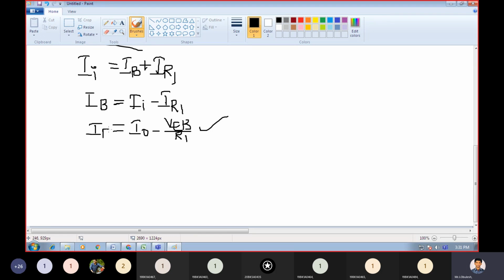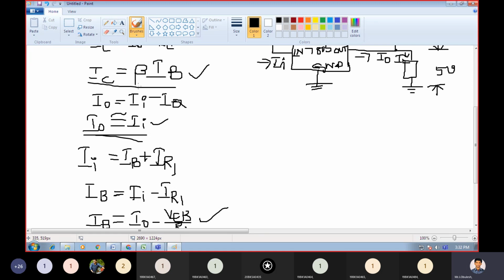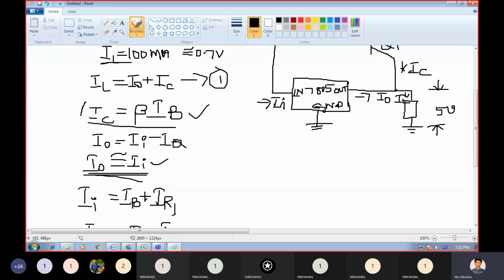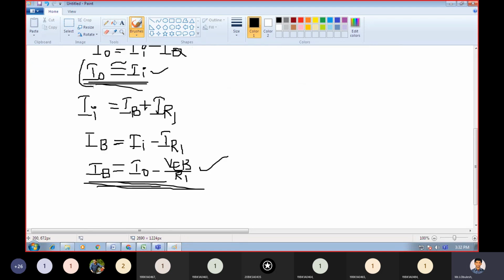We have all the values. Therefore, from the equation IL is equal to I0 plus IC, we have the IC value and the I0 value. Substitute all these values in equation number 1.